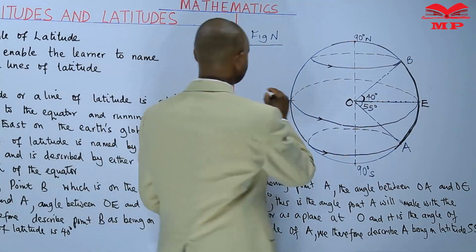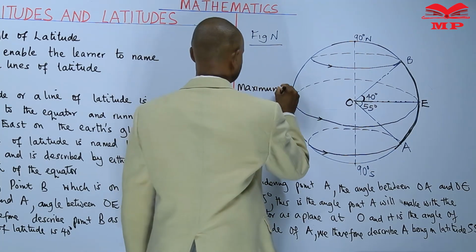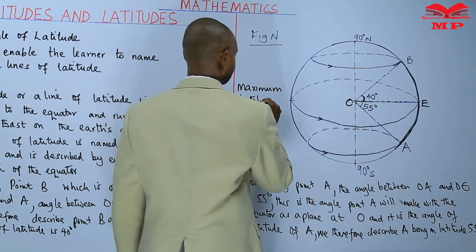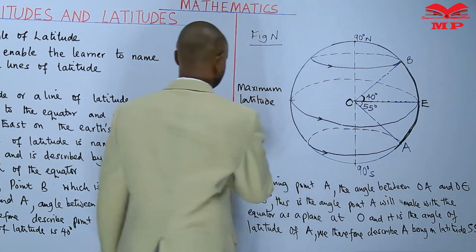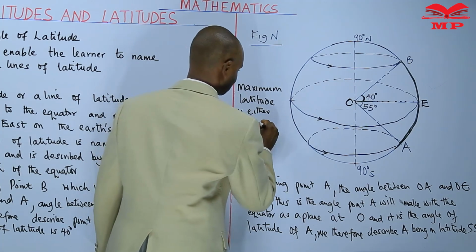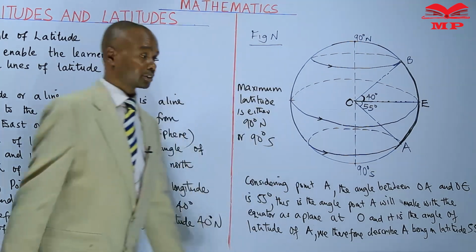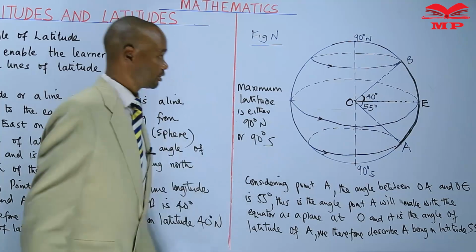So the maximum latitude is either 90 degrees north or 90 degrees south. That's the maximum latitude.